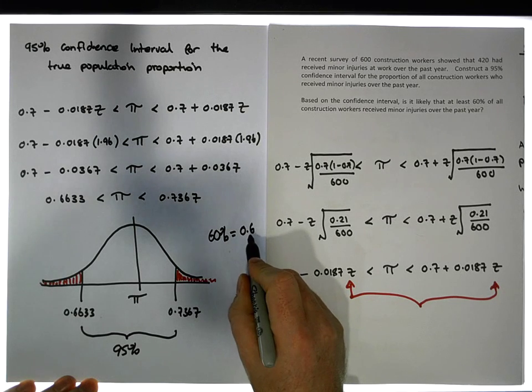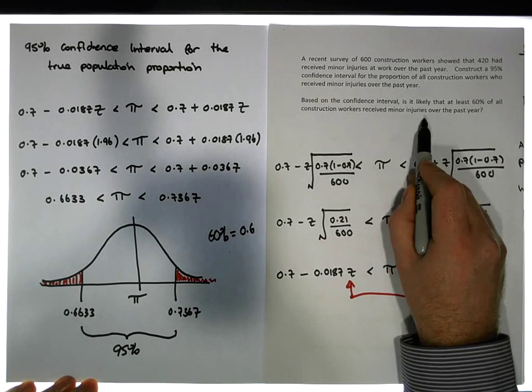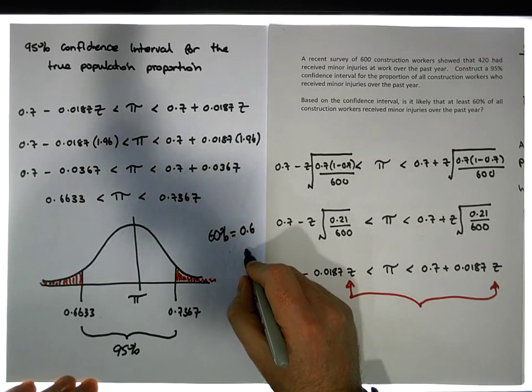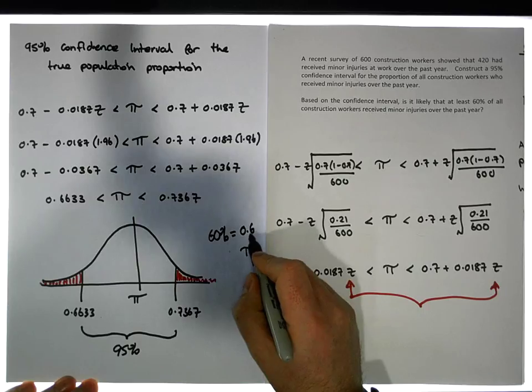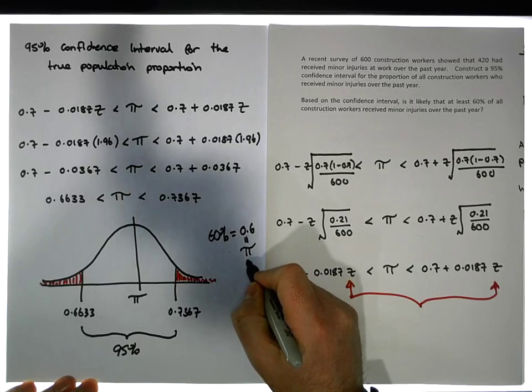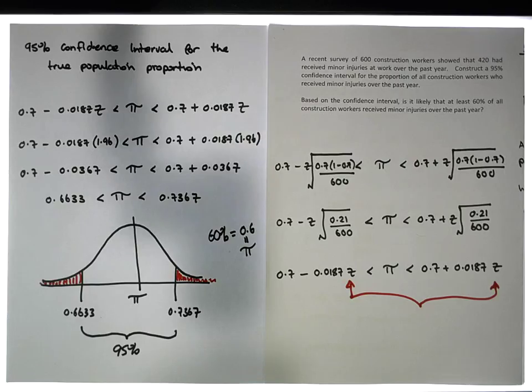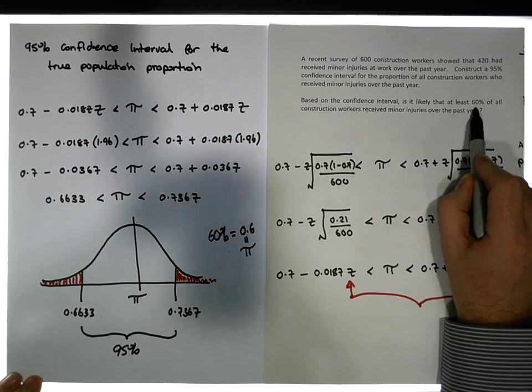So is it likely that at least 60% of all construction workers received minor injuries? That's the population proportion that we want to estimate. Is it likely that the population proportion, pi, is 0.6? Well, where is pi? In this case, the 0.6, the 60%.